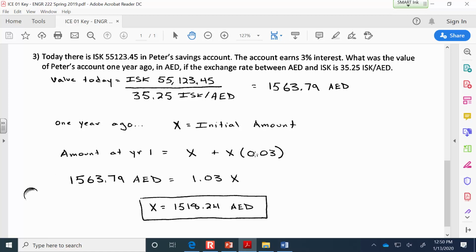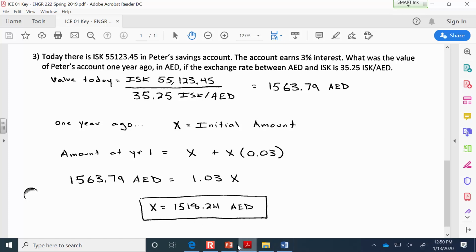So you can't just divide by 0.97. Excuse me, you can't just multiply by 0.97. It will be slightly off if you do it that way. So the way to do it is just to recognize that the amount now is 1.03 times 1 year ago's amount. So algebraically we can solve that the value in the account a year ago was 1518 dirhams.